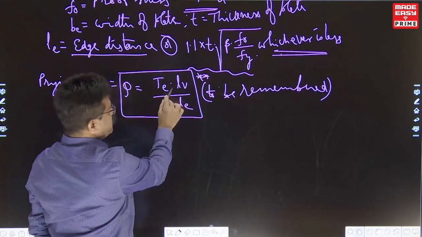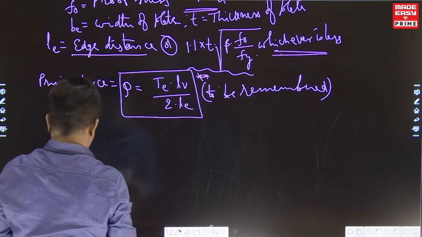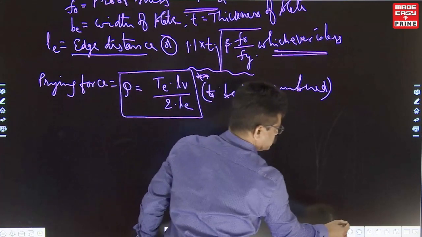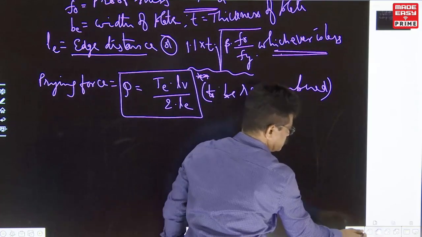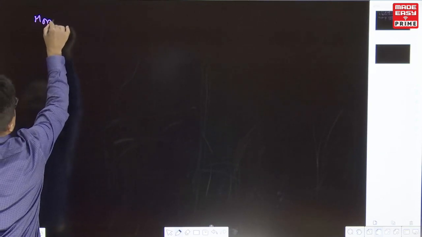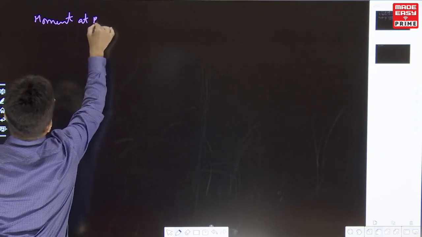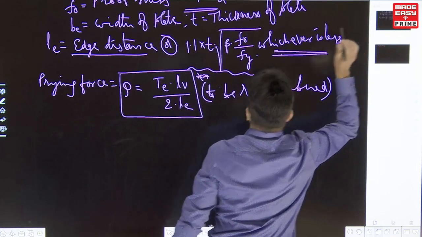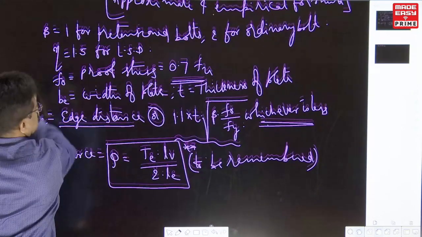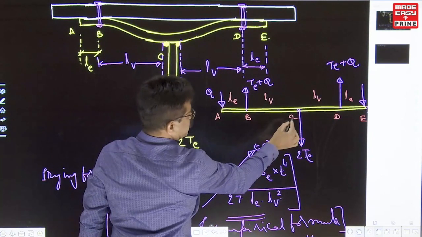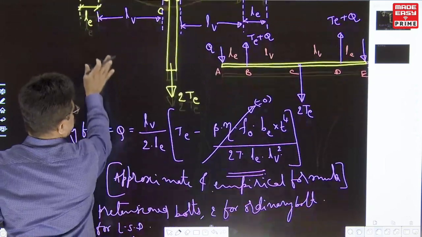So Q value we have to remember that it is TE into LV by 2 into LE. Now, if I take the moment at C, now we want to find moment at B, moment at C. Moment at B is MB. How will you find moment at B? Moment at B means Q into LE.